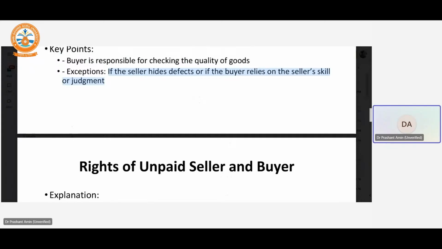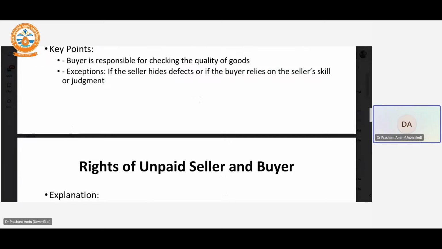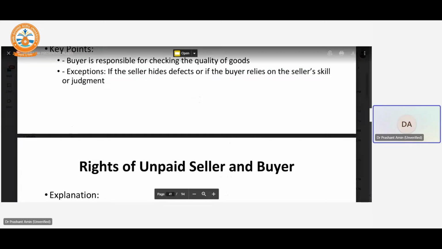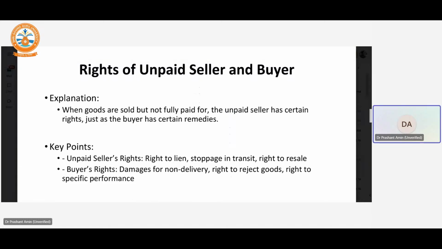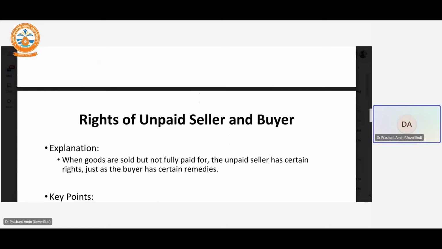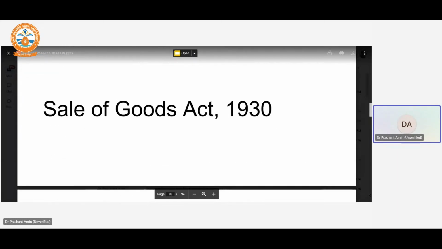If the seller is hiding the defect, then under the Consumer Protection Act, the buyer is entitled to compensation. Right? So what are the rights of the unpaid sellers and the buyers under the Sales of Goods Act 1930?